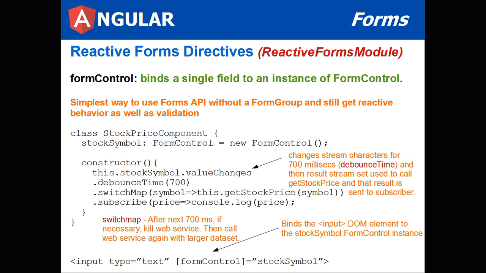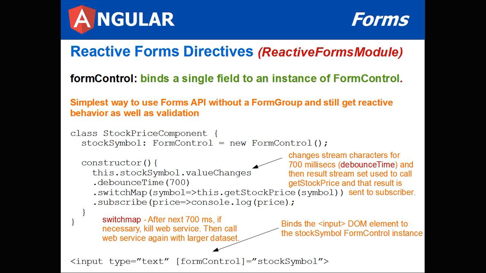The dot switch map says for each one of those characters in that stream, give them to me as one group of characters and get the stock price for that particular symbol, which is represented by that group of characters. And then the subscribe maps the result of that price and logs it.